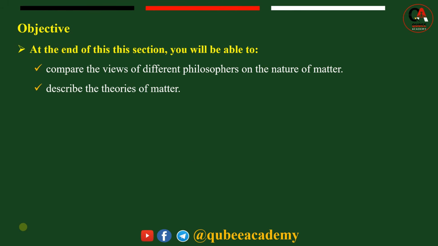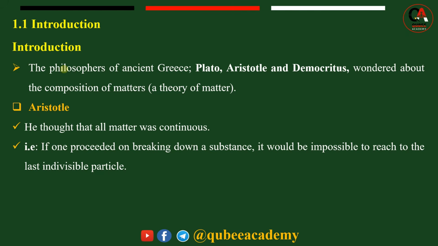Okay. From this first part, here are our objectives, I mean that comparing the views of different philosophers and describing the theory of matters are the objectives of this section we are going to discuss. Okay, introduction part.